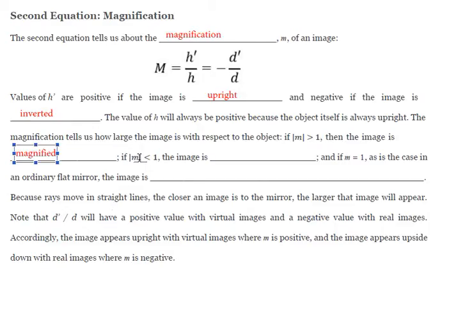But if the absolute value of magnification is less than 1, then we know that it's going to come out smaller, or reduced. And the last thing that could happen is if m is equal to 1, like an ordinary flat mirror or a couple instances you saw with the concave mirrors, then we know that the image is the same size as the object.